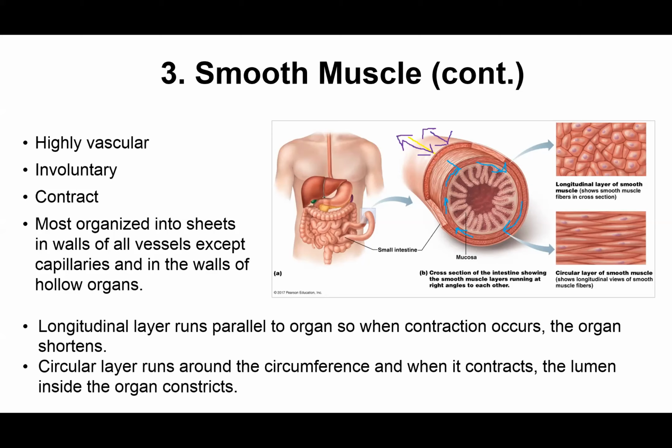And as you can imagine, when the cells in this circular layer contract, the middle hollow space called the lumen is going to get smaller. It's like taking, say, a hose and squeezing it, and so now it's a smaller inside open area, called the lumen in the human body.